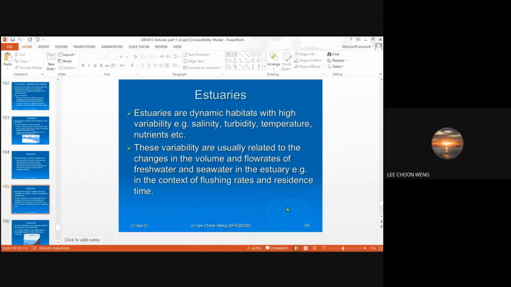Upstream of the river mouth, if it's rainy season, there will be more water going into the rivers, and the flow rate of the river will change, and that will of course affect the mixing rate, the type of mixing that occurs between the rivers and the seas. So a lot of variability.